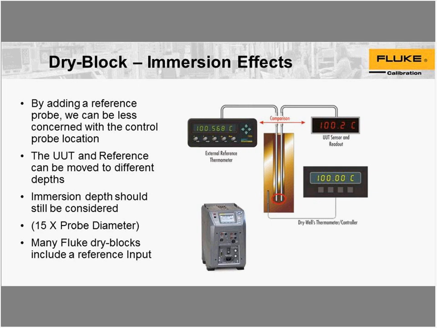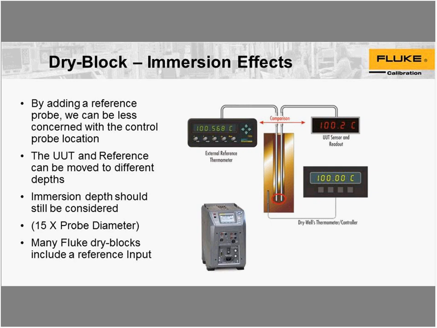Again, a good rule of thumb, I've heard a couple, and on this particular side we've got 15 times the probe diameter. Other rules of thumb I've heard are 15 times the probe diameter plus the length of the sensor. That one's fairly problematic in that most of the time folks don't know what the internal sensor make is.